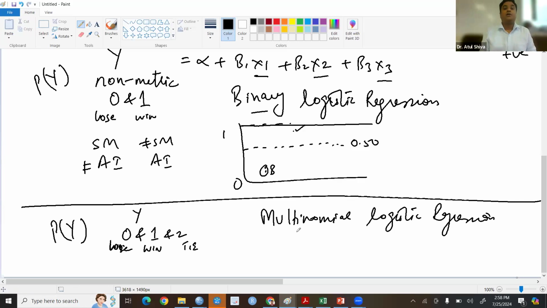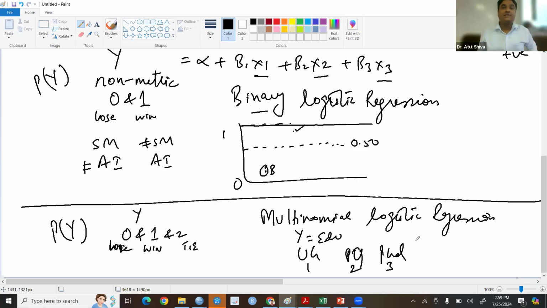If your dependent variable, like education, has more than two categories, such as UG, PG and PhD, coded as 1, 2 and 3, undergraduate, postgraduate and PhD, I can rank them also.